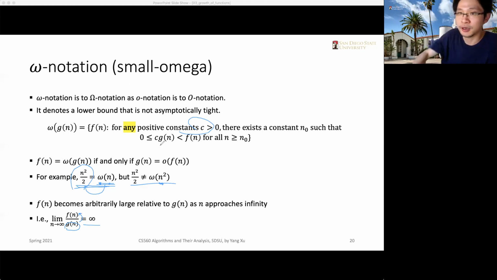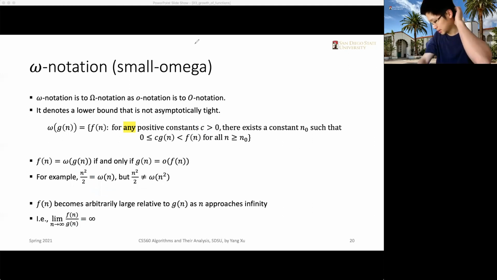They are all quadratic terms, okay? And that's for small omega notation, okay? So we can basically memorize their relationship in parallel with the big O and big omega, but they only represent a much more loose upper bound and lower bound.